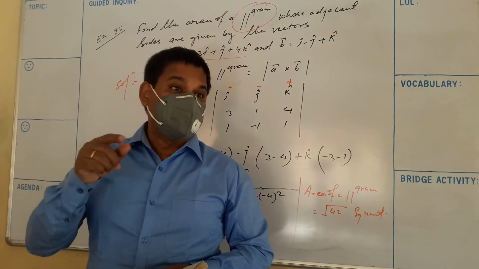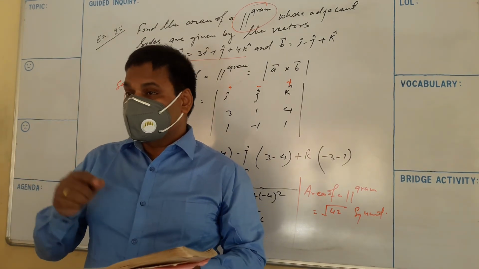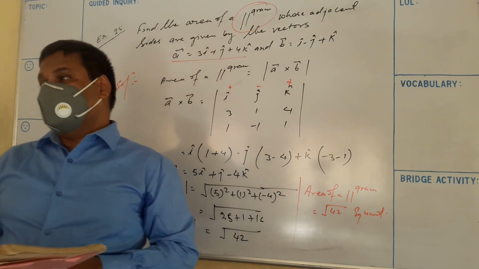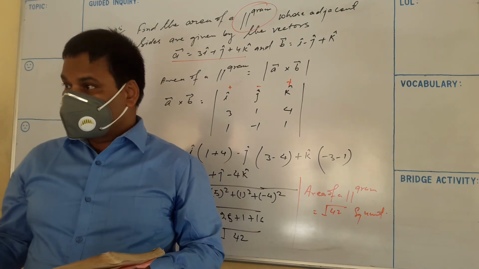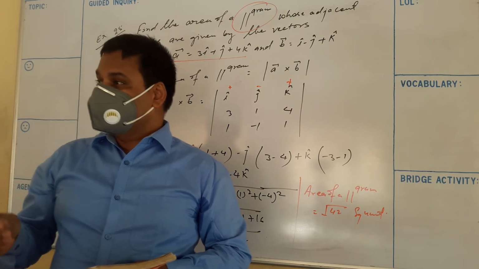Okay, you have to find out vector A plus vector B, another one vector A minus vector B. Clear? That is vector U and V. Then after find out vector U cross vector V, that is vector P. Clear? Then after find out unit vector.